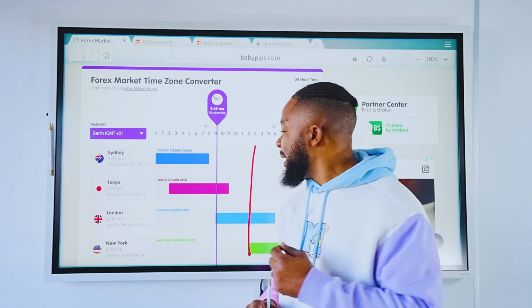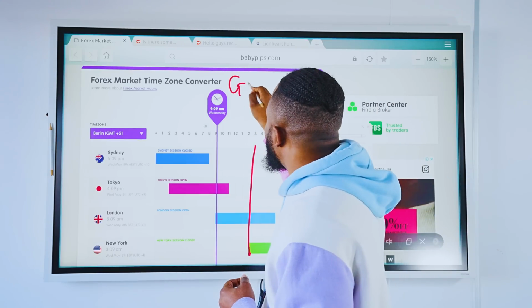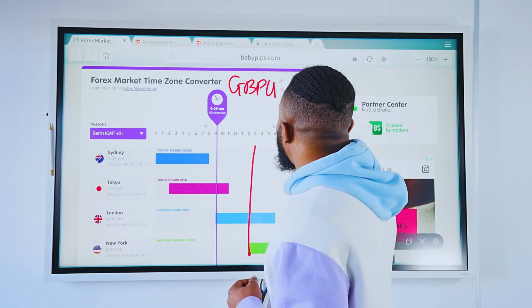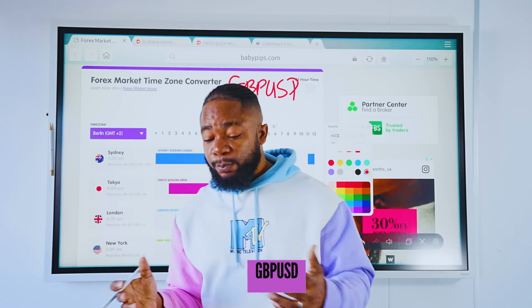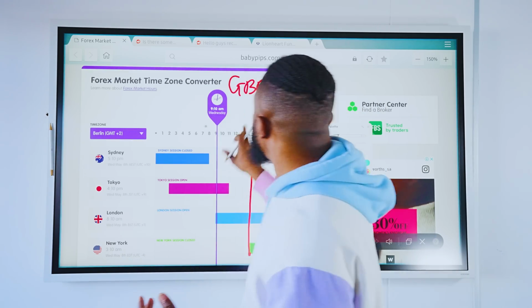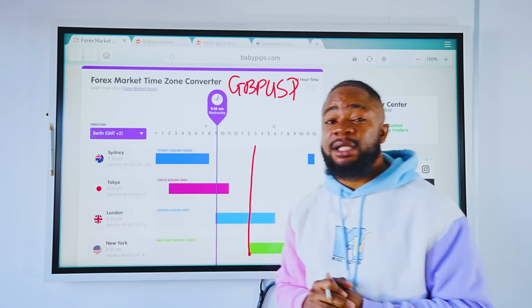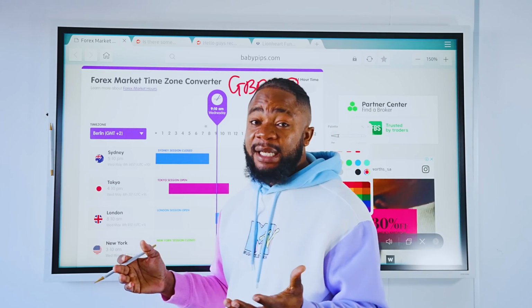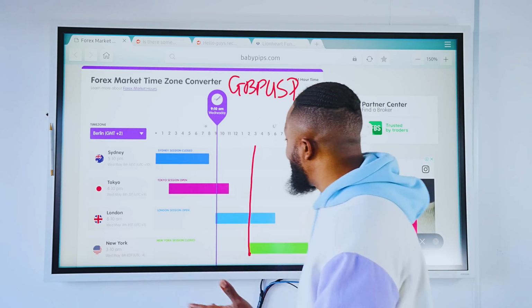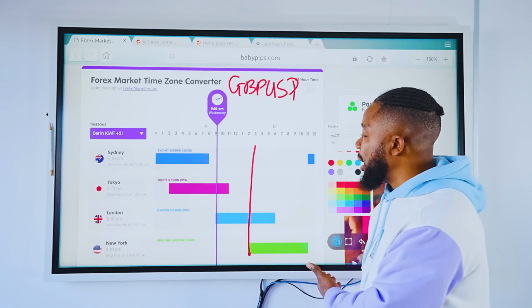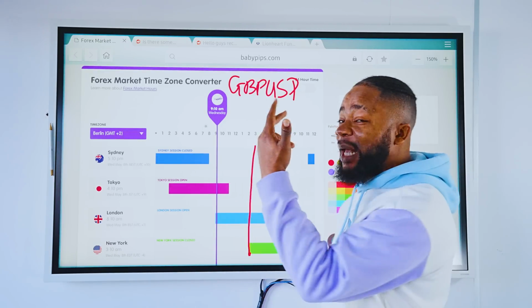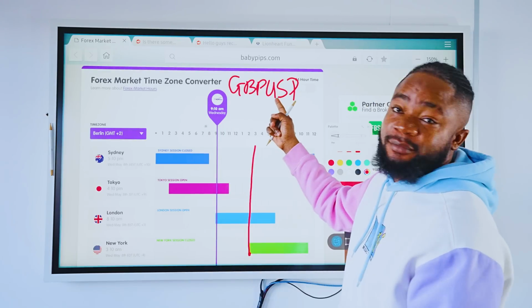The first one is Great Britain Pound USD. That's why you see almost about 70% of most profitable or millionaire Forex traders have Great Britain Pound USD on their list of favorite currency pairs. Because you can see, spanning from the London session right up to the New York session, one currency pair keeps popping up, which is what?